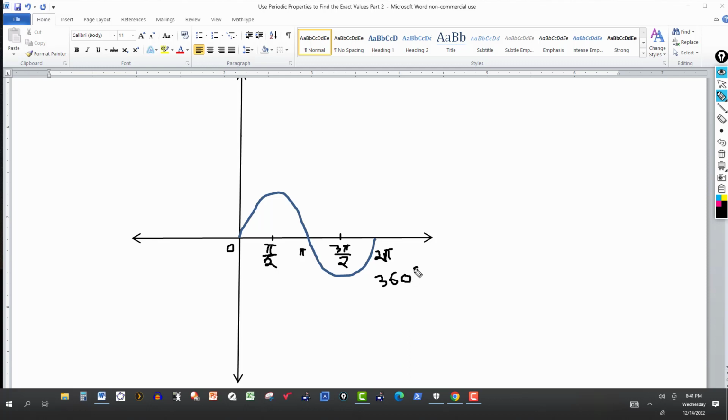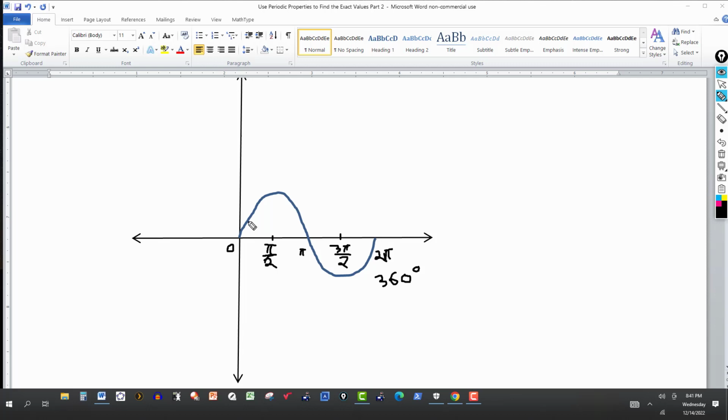And then it repeats. Notice we have 1 degree over here somewhere, and it's a positive value. When we get to pi over 2, that's 90 degrees. If we get to 91 degrees, that gives me a negative value. So this just repeats.